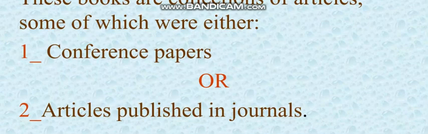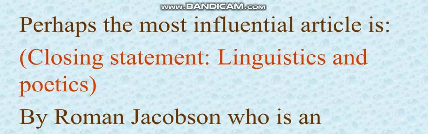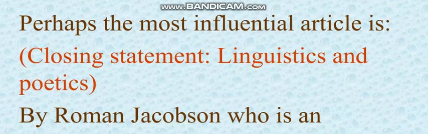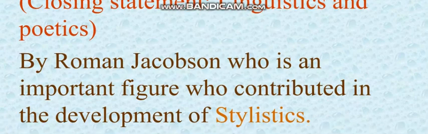These books are collections of articles, some of which were either conference papers or articles published in journals. Perhaps the most influential article is the closing statement, Linguistics and Poetics by Roman Jakobson, an important figure who contributed to the development of stylistics.